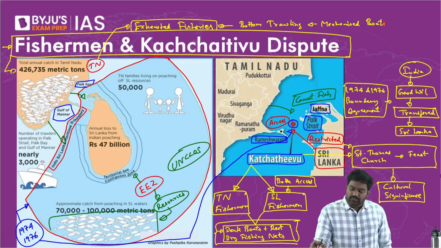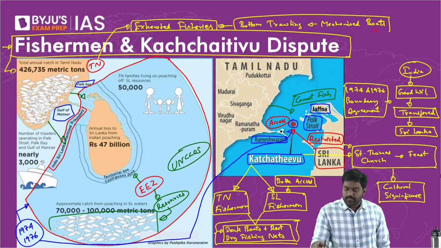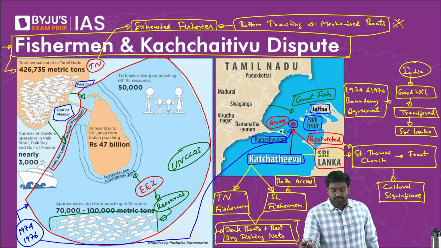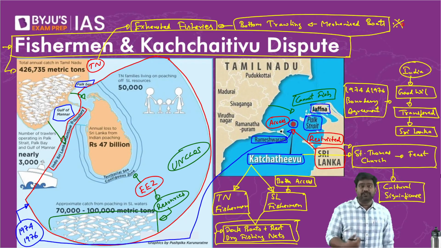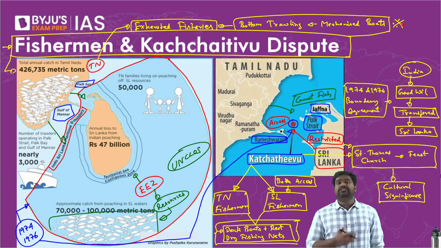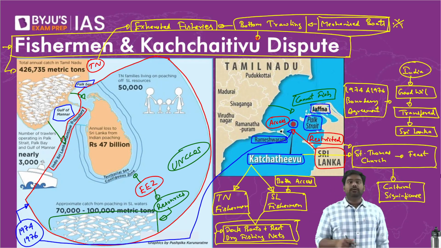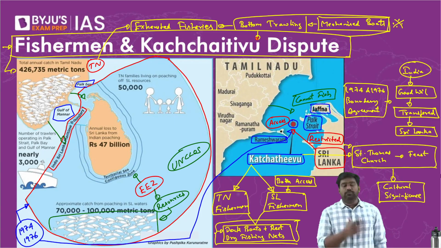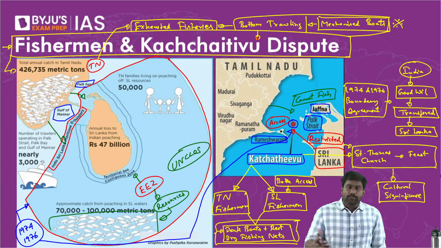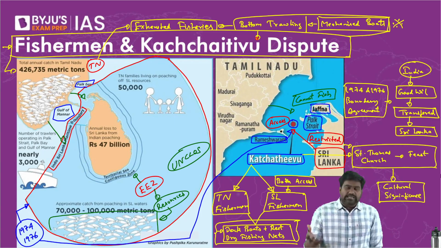Since Tamil Nadu governments give a lot of subsidies, many fishermen here, especially some of the rich and influential fishermen, have procured these large mechanized boats and they practice an exploitative form of fishing called bottom trawling, where they drag the fishing net on the bottom of the sea floor, which will scoop up everything. All the organisms on the seabed will get scooped up, bringing a very big catch, which brings more profits to the fishermen.